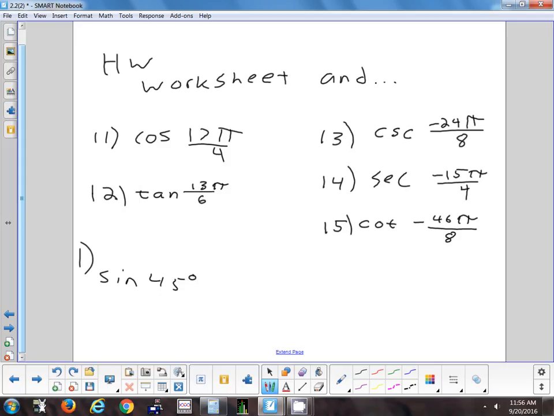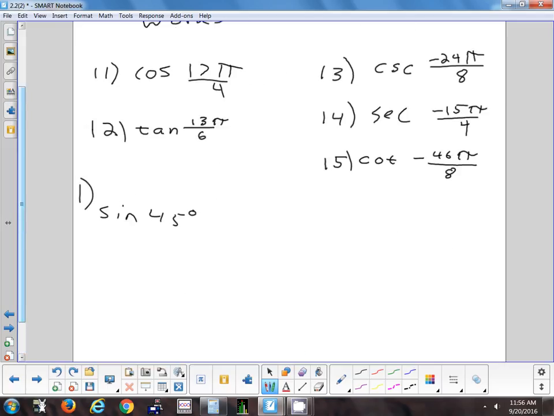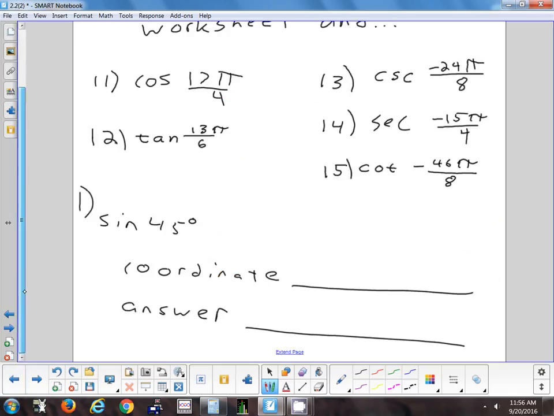This is the first question. It asks you 2 things. Tell me the coordinate. First thing I want to know is the coordinate. And then the next thing I want to know is what's the actual answer when you take the sine of 45. I tried to set this up just like the test.